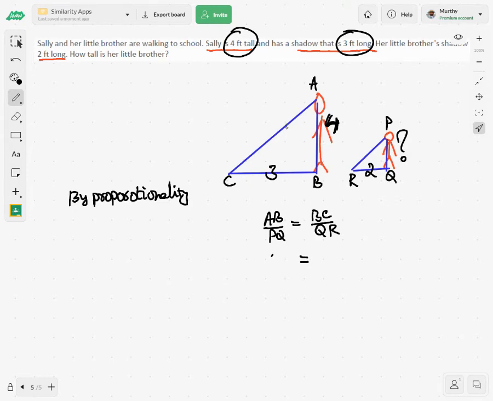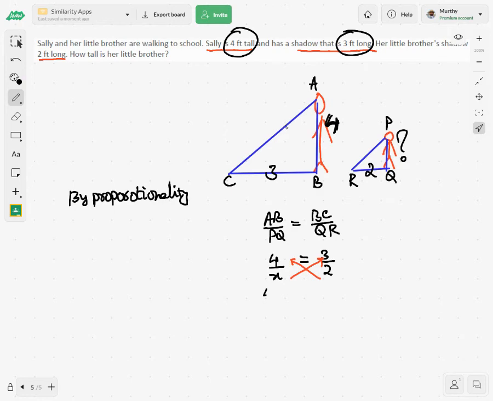AB is 4, PQ I don't know, BC is 3 units, QR is 2 units. You know that we go for cross multiplication to figure out the value of x here.